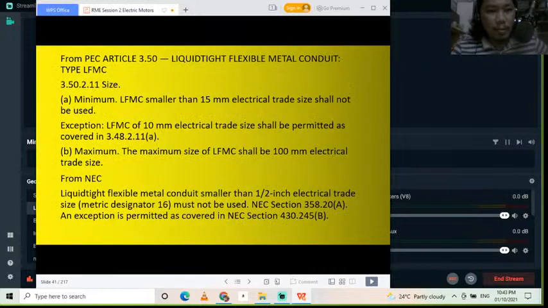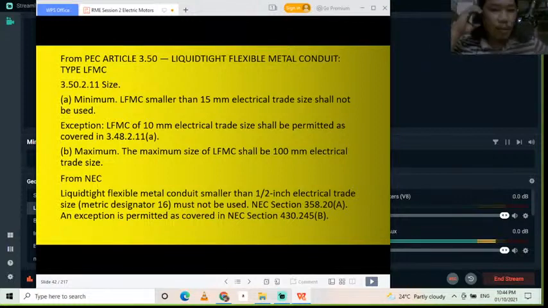So, nandito naman yan, from PEC Article 3.5, liquid tight flexible metal conduit, or type LFMC. Yan po yung title ng Article 3.5. 3.5.2.11 size. Minimum ng LFMC ay smaller than 15 mm electrical trade size shall not be used.